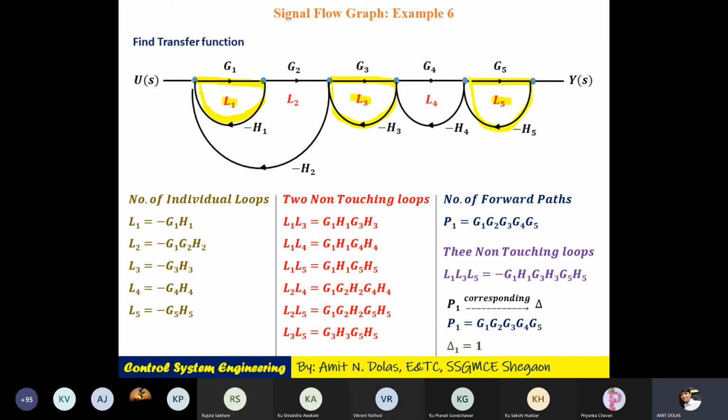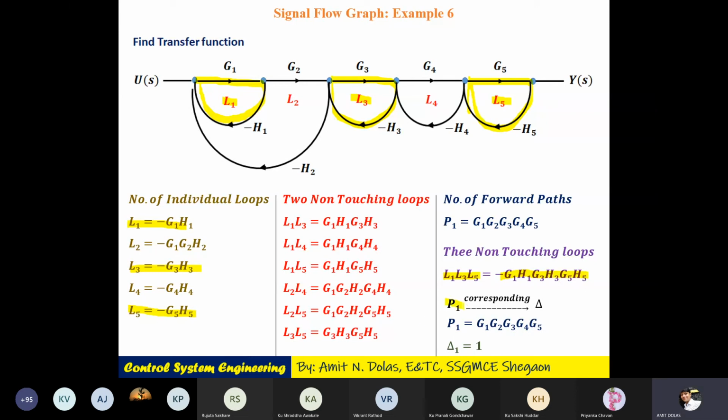These three loops are not connecting each other. Thereby we will take a product of L1, L3 and L5. All are having minus sign, so the product will be minus. So L1 L3 L5 will be minus G1 H1 G3 H3 G5 H5.